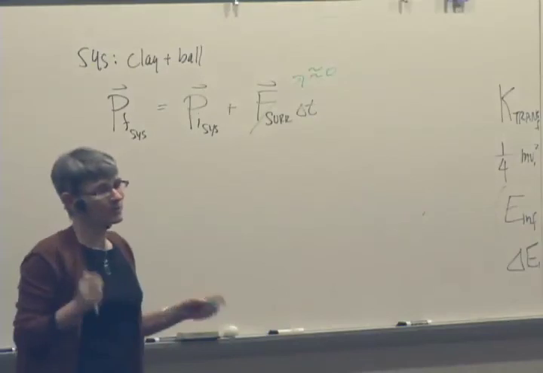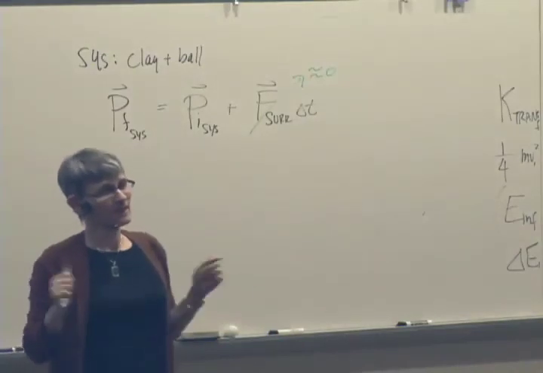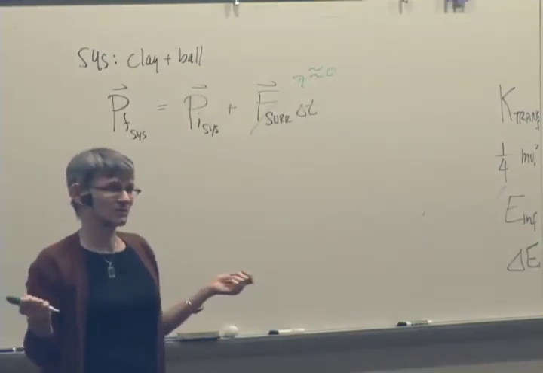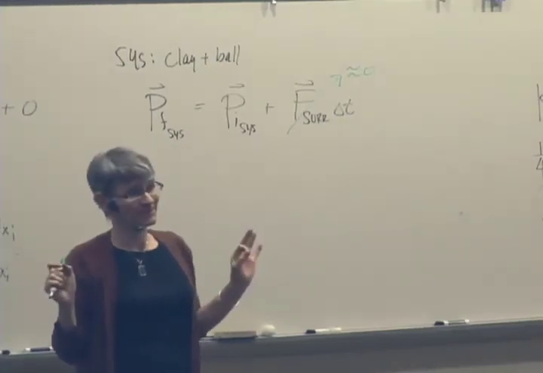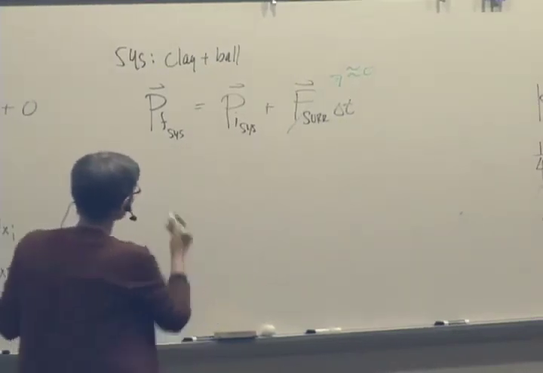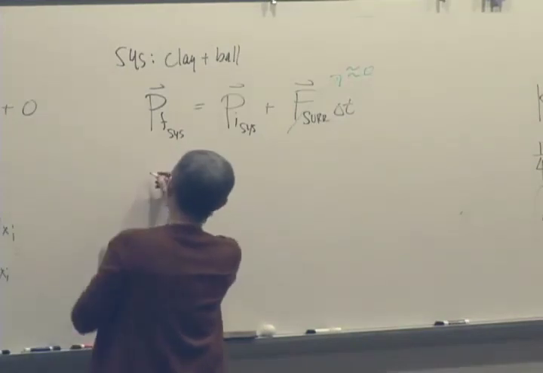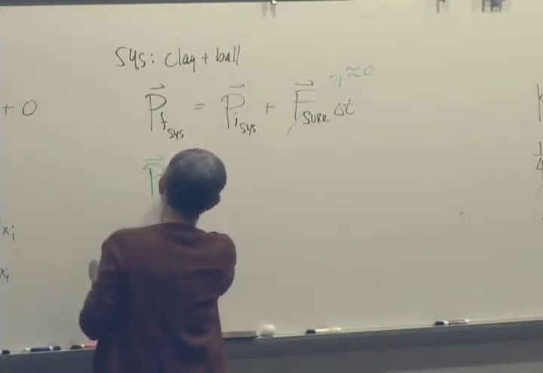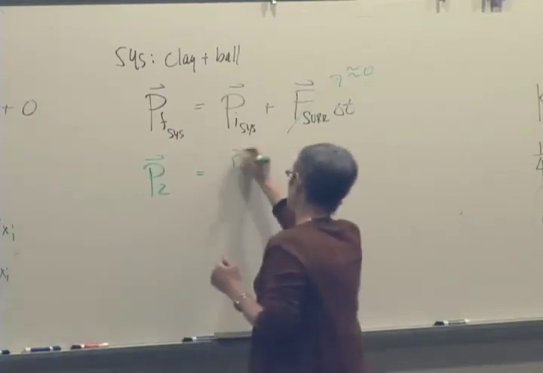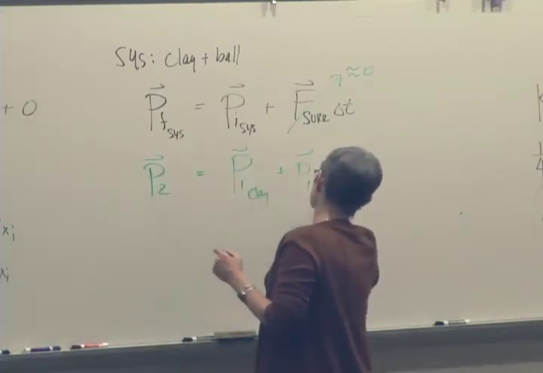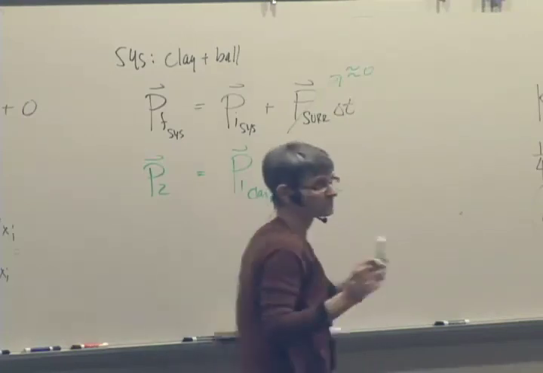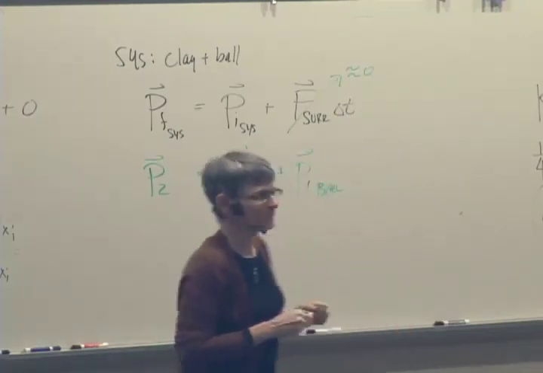The final momentum of the system has to be equal to the initial momentum of the system. It's really straightforward. So we have P2, and that's P1 clay plus P1 ball. There's not that much to it.